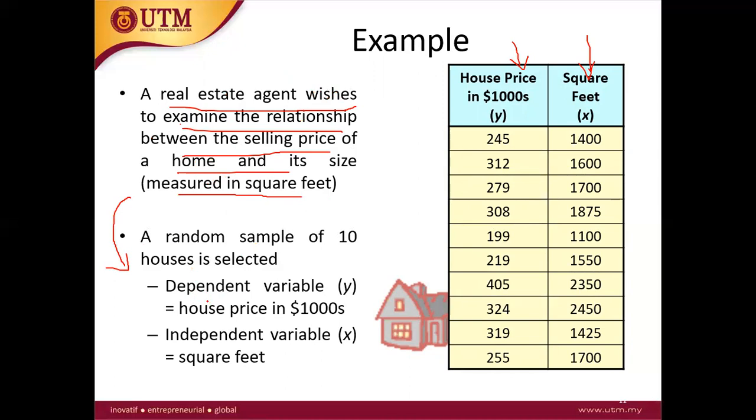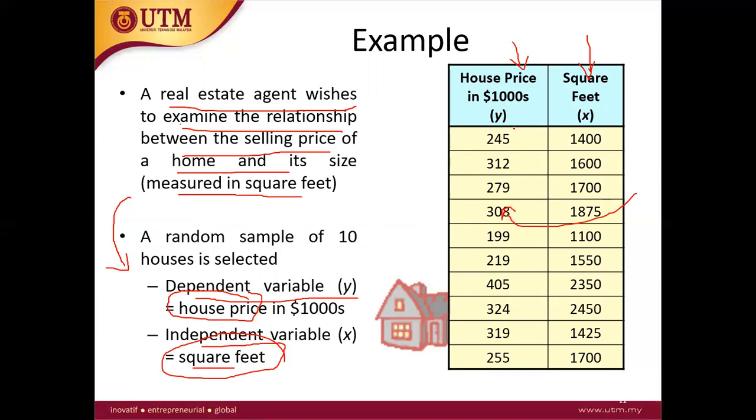In this case, the dependent variable Y is the house price, because the house price depends on the size of the house. The independent variable is square feet, since the size of the house will affect the price of the house.